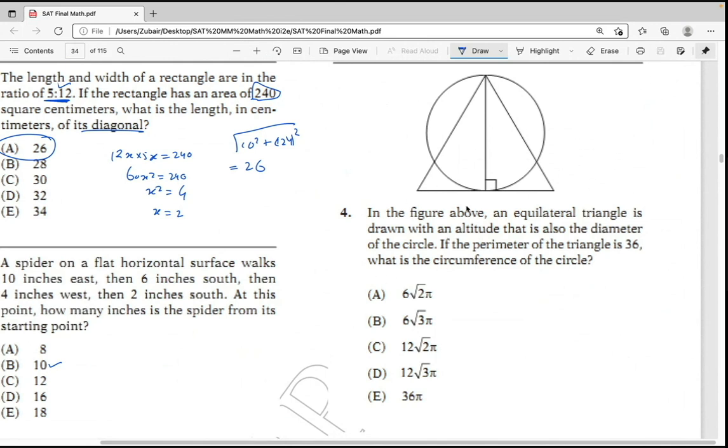So the question said 36 equilateral divided by 3. This is 12, 12, 12. When you just split it, you know this is 60, 90, 30. So when I actually see that this is 12, 6, and 60, 30, 90, I already knew because I've learned it that this was 1, 2, and square root 3, double and square root 3. So this is 6, 12, and 6 square root 3.